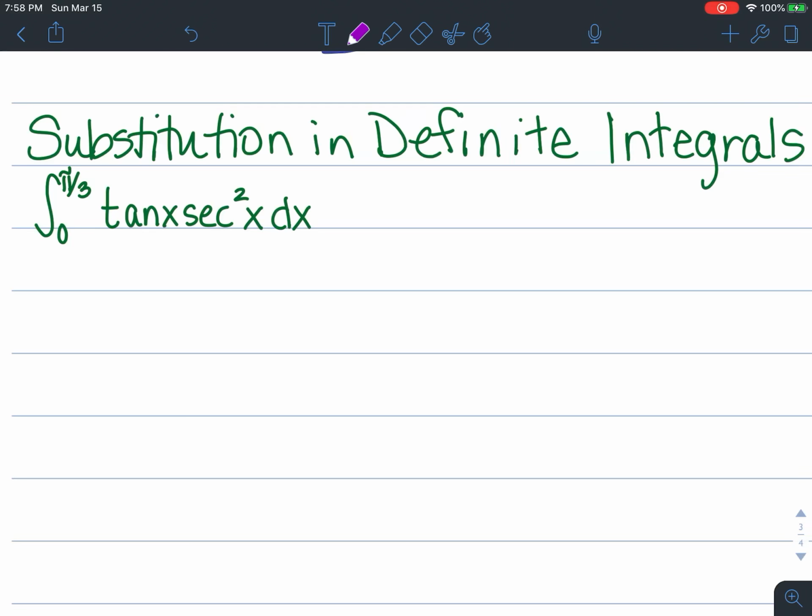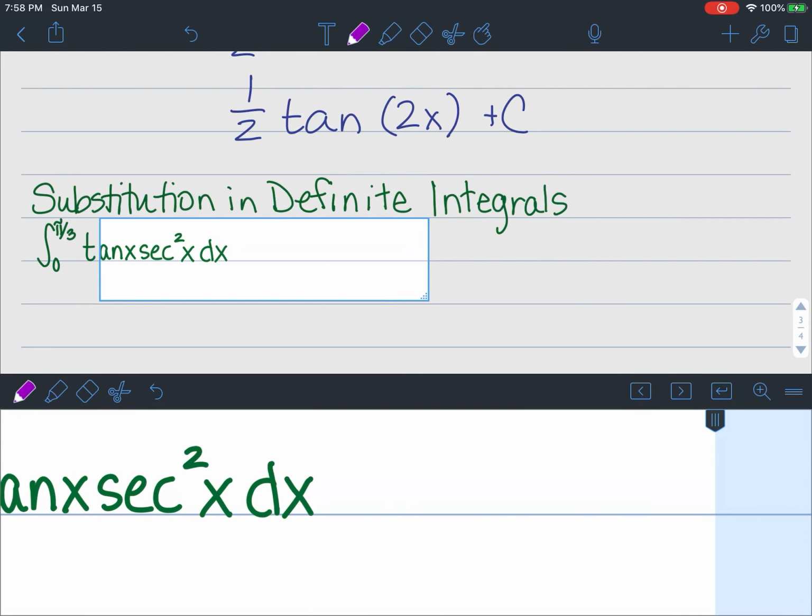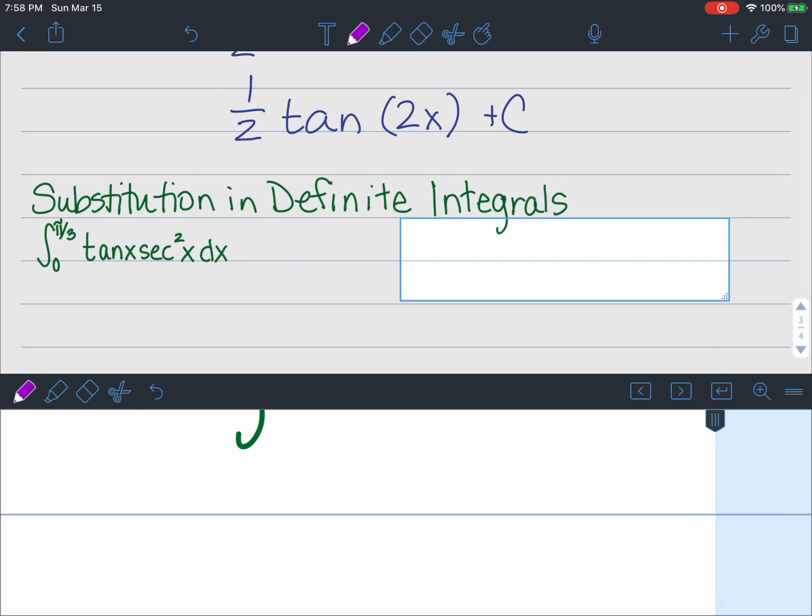So from this integral, we need to decide who u is going to be. So I want you to look here at tangent x times secant squared x. You could actually do this one of two ways, but what I'm thinking you're going to see is that tangent's derivative is secant squared, and that is sitting right there. And if you remember from last time, that makes determining who u is a lot easier.